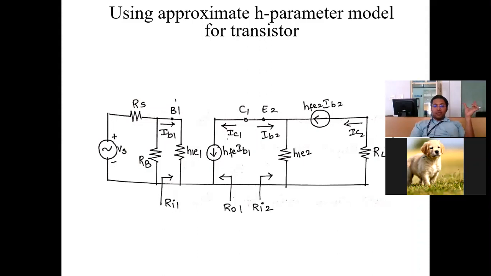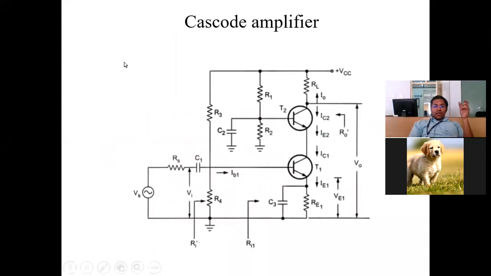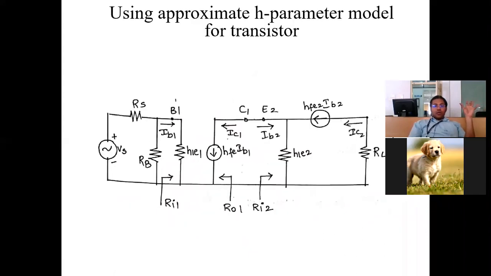This is the expression for my voltage gain. By adjusting so and so value, I can get the required gain. Simple. This is the approach we will use. So analyze this circuit, and whatever result we get will be the result of the overall amplifier circuit. Very easy. Just take pen and paper and practice. Then only you get it.